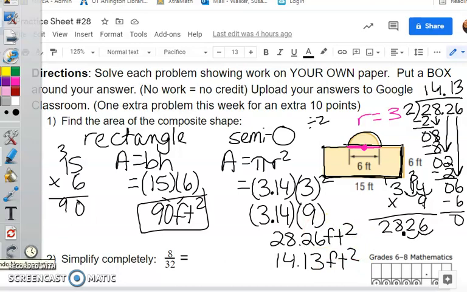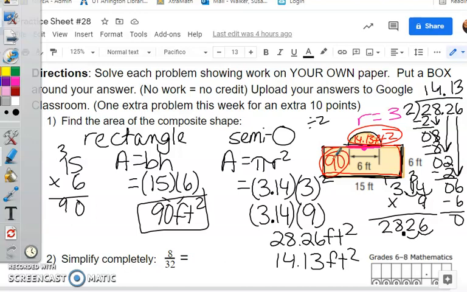So what I normally do is I like to put it in my shape. Like I know this whole part here is 90 feet squared, and I know this little semicircle is 14.13 feet squared. So we've already multiplied to find each area, so all we need to do now is add.